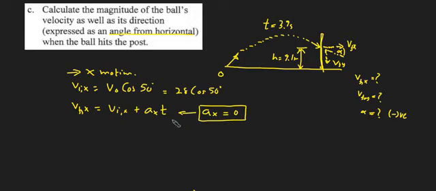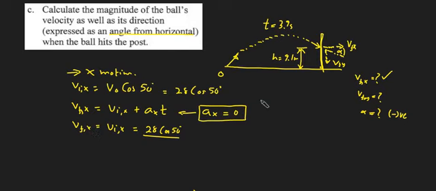There's no acceleration in the horizontal direction. So the final velocity in the x direction is equal to the initial velocity in the x direction, which is 28 cosine 50 degrees. So we figured out the final velocity component in the x direction.